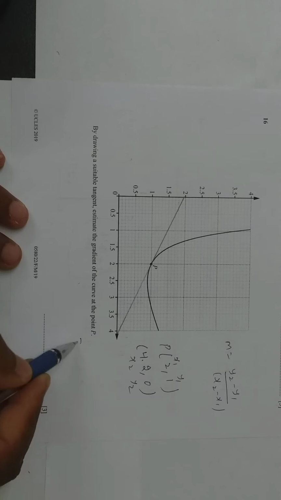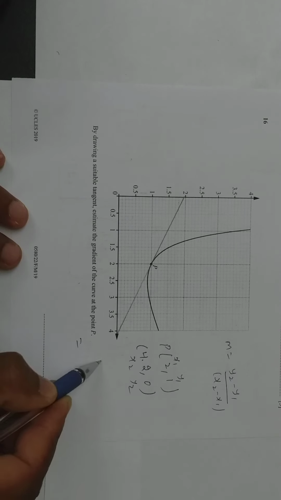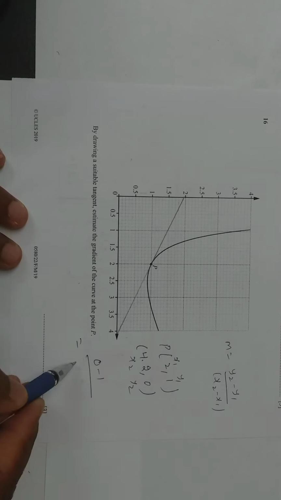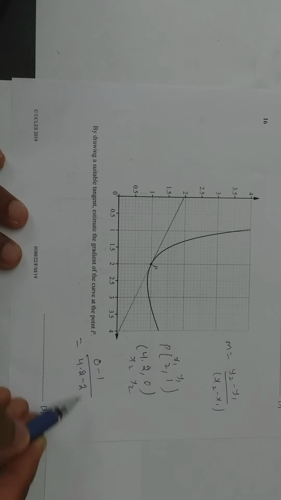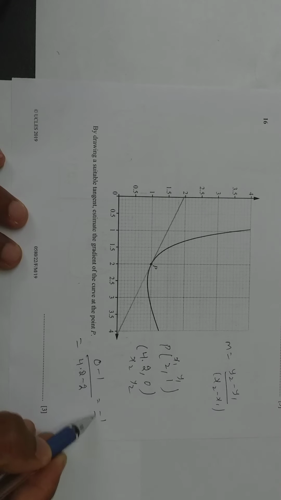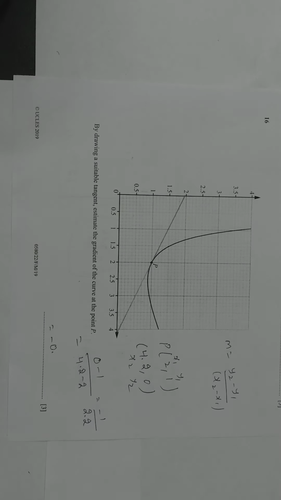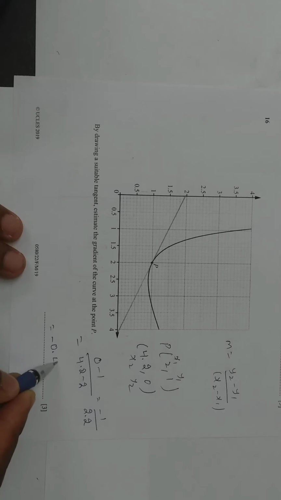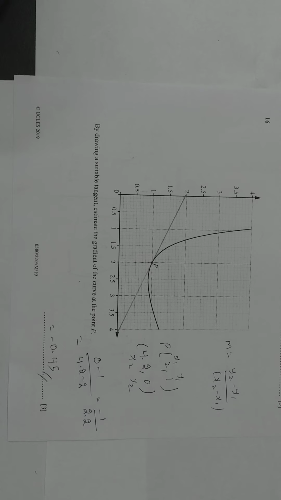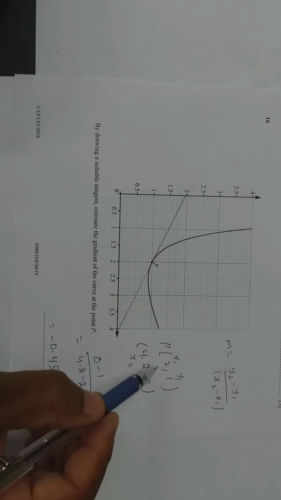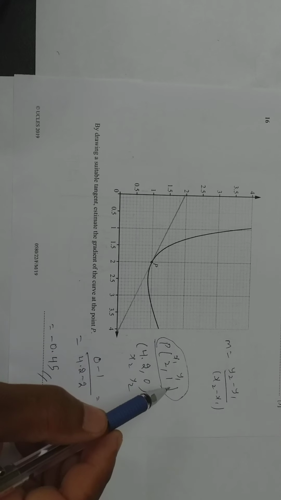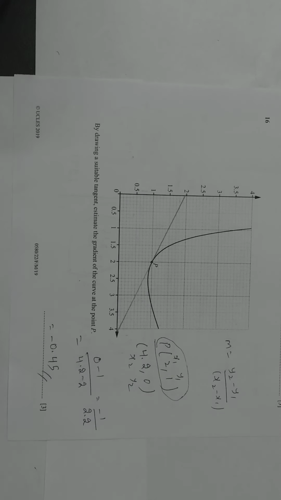So y2 minus y1 will be 0 minus 1 by x2 minus x1, 4.2 minus 2, which is nothing but minus 1 by 2.2. So which is minus 0. How much do you get? Place it in the calculator. 0.45 you get, which is the gradient. Did you understand? The formula is this. If you take P to be one of the points, it gives you an accurate answer.